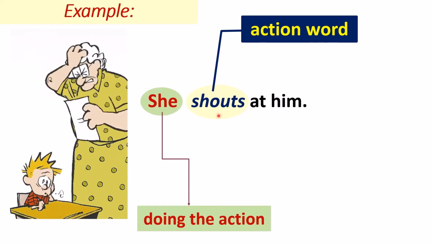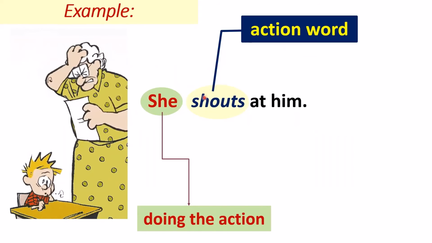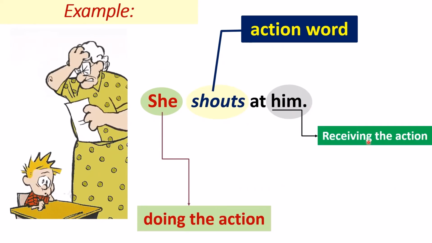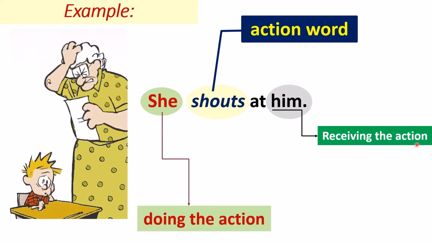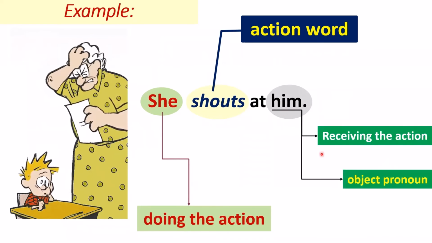Children, you tell me who is doing this work? She. Here she is performing the action. And the effect of the action word is falling on whom? On him. So him is the receiver of the action. So the pronoun him here is referred to as an object pronoun.